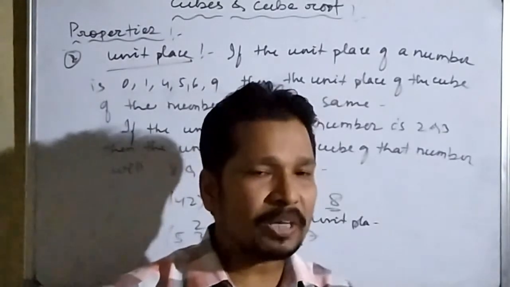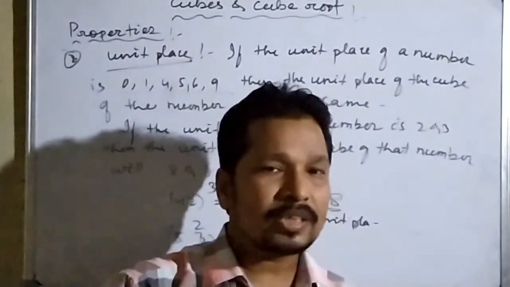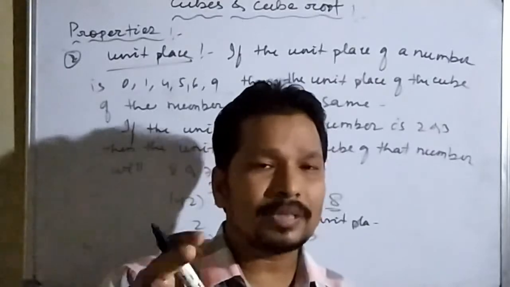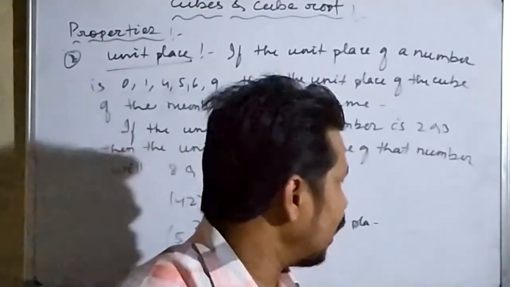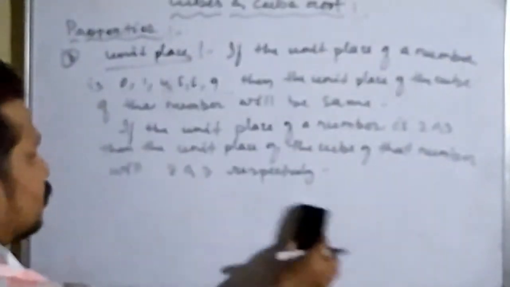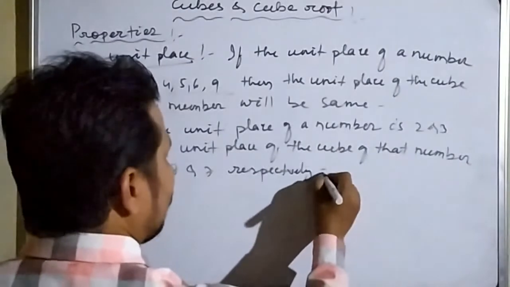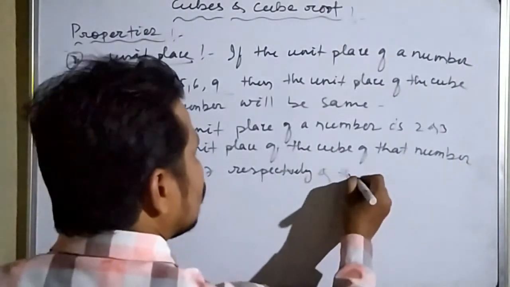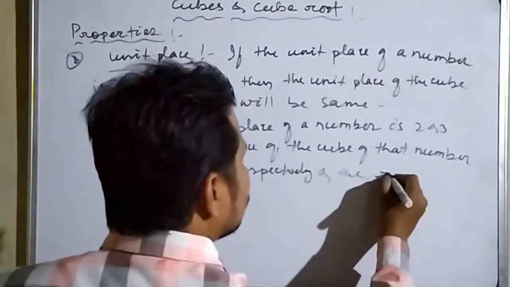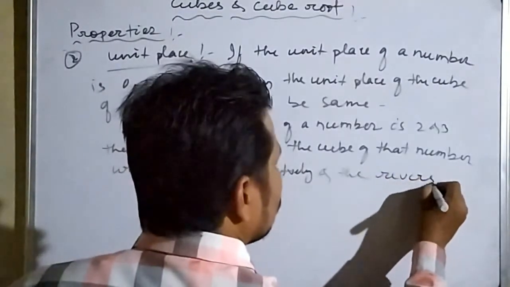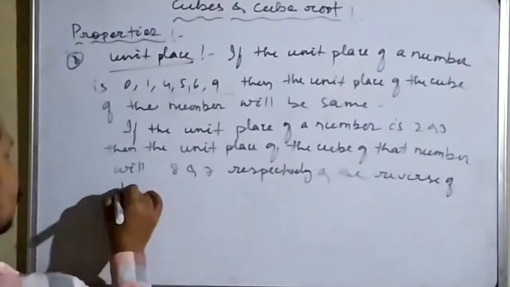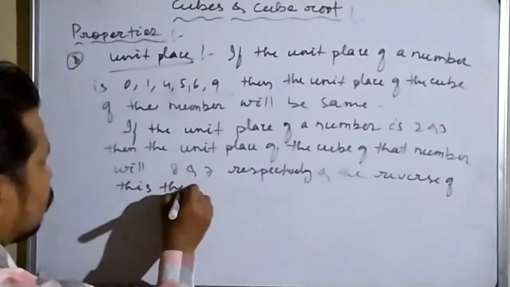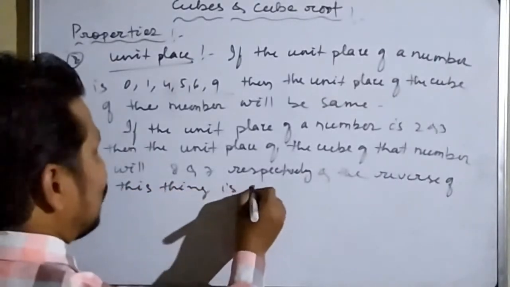And if the unit place of a number is 3, then the unit place of the cube of that number will be 7. And one interesting thing is given here: the inverse or the reverse of this is applicable.